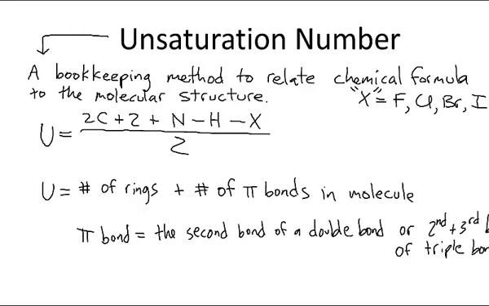So every double bond adds 1 to your unsaturation number. Every triple bond adds 2.